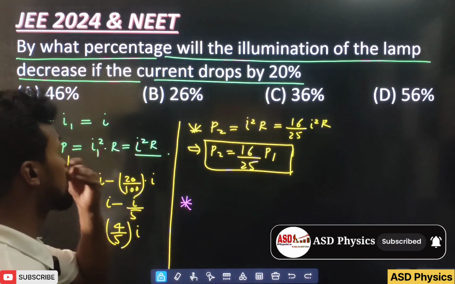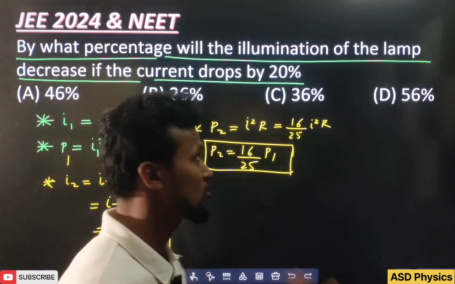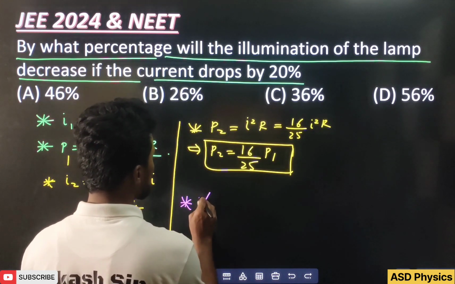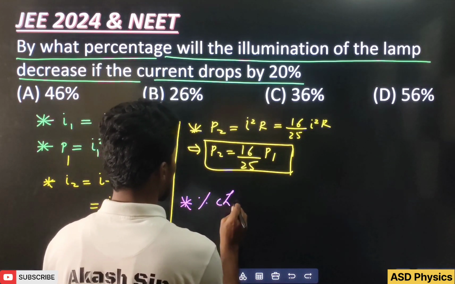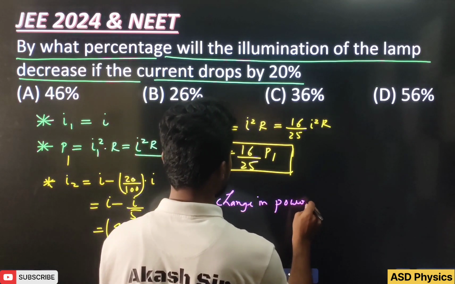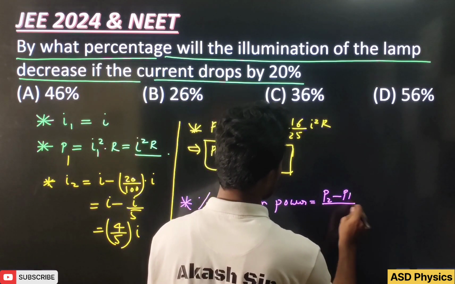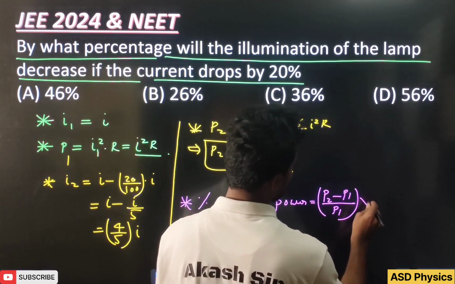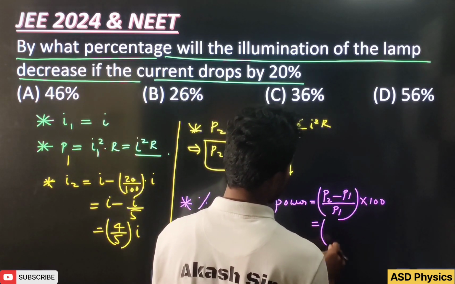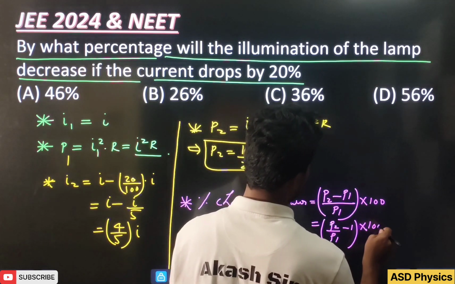Now again, what are they asking here? They are asking about the illumination. Remember that illumination or brightness is directly proportional to power. So we can write the percentage change in power. If positive, it means increase; if negative, it means decrease. Very simple. So the percentage change in power is P2 minus P1 by P1 into 100, which is P2 by P1 minus 1 into 100.